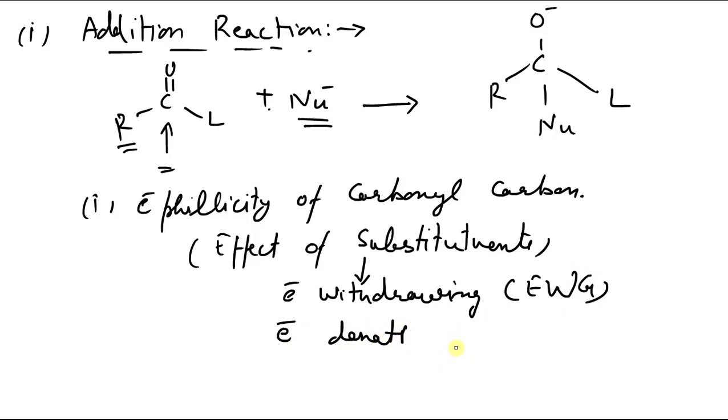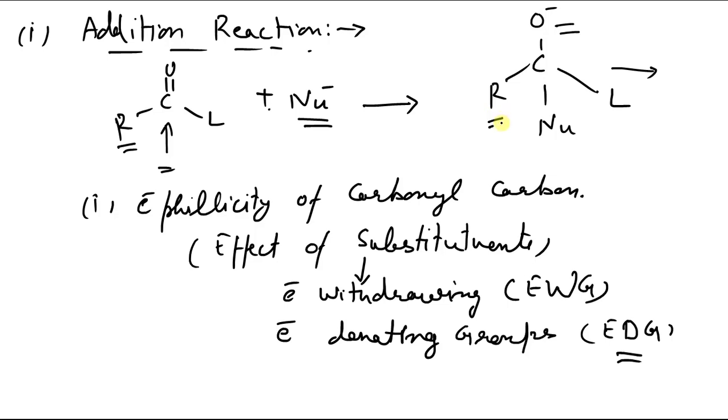So these are electronic factors. Now you can see that the transition state, or intermediate, contains a negative charge.